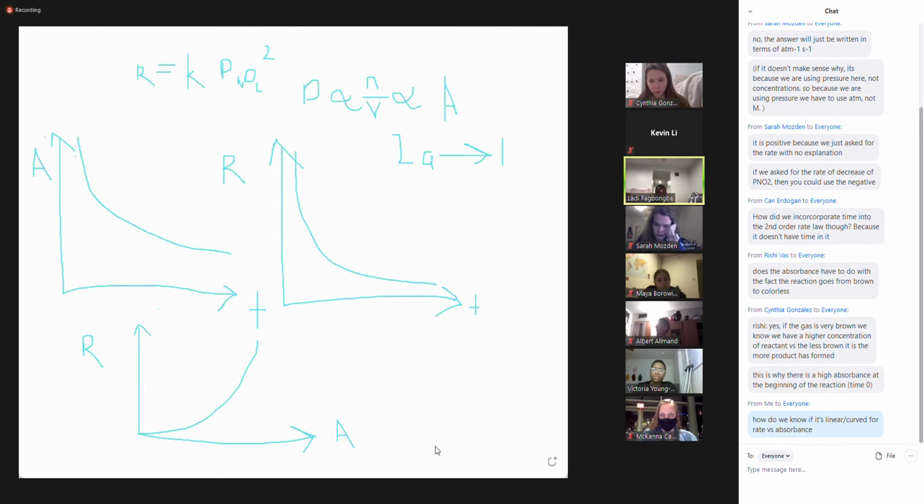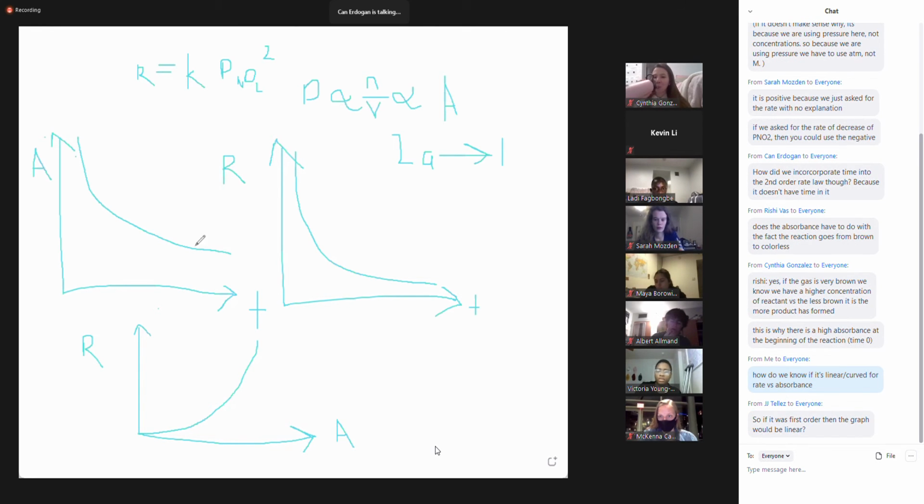Those who have their hand raised, is that a question or still left over? Yeah, I have a question. Okay. You answered some of the questions partially, I think, but I was wondering, how do we specifically compare the rate law or rate and absorbance? Also, pressure is directly proportional to absorbance, and rate is proportional to pressure by the second power, right?